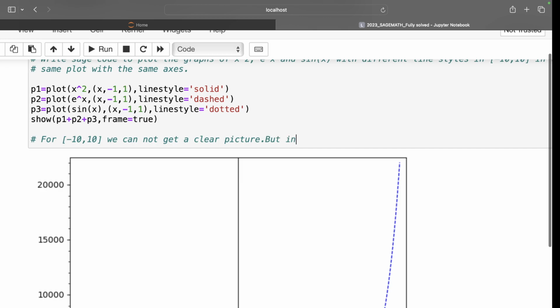But in the answer you must write the interval -10, 10.